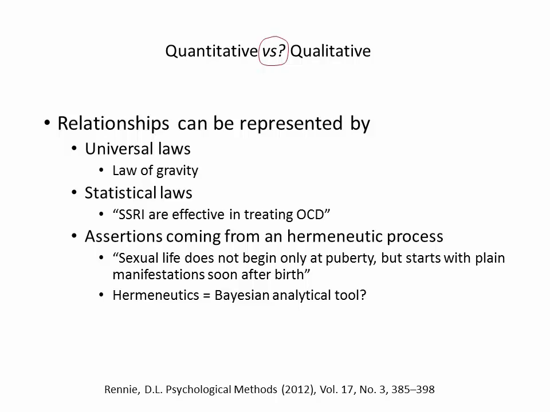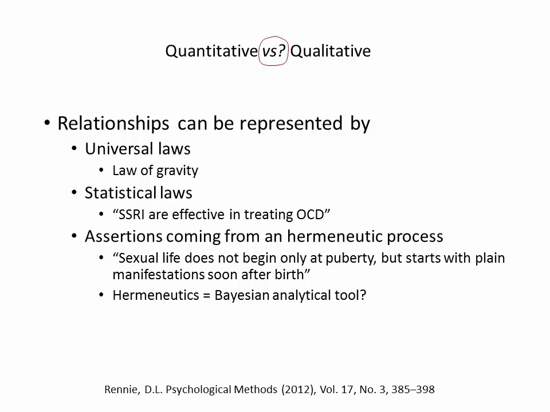This is not a universal law. This is a probabilistic law. And for instance, SSRI are effective in treating OCD. Yes, this is true, but some patients resist. So this is not a universal law. This is a statistical law.